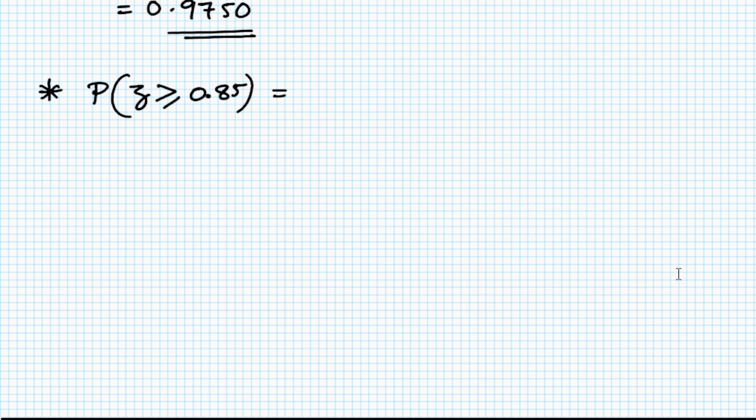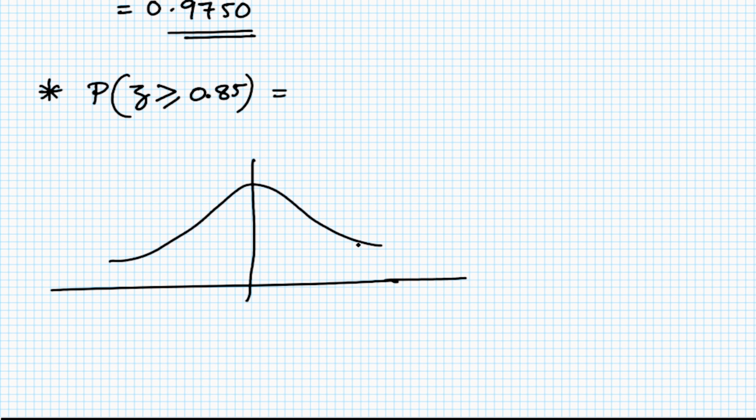All right, so let's draw. It says greater than a single point. So if you have a curve like this and find 0.85 somewhere here, what is the chance that the z value is more than this?